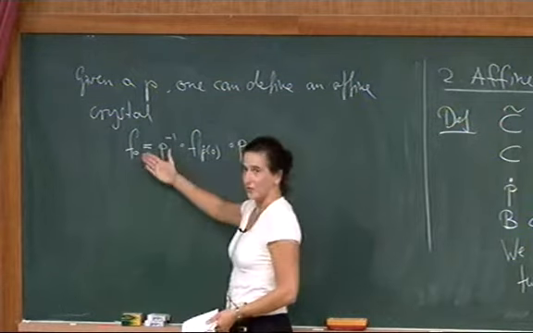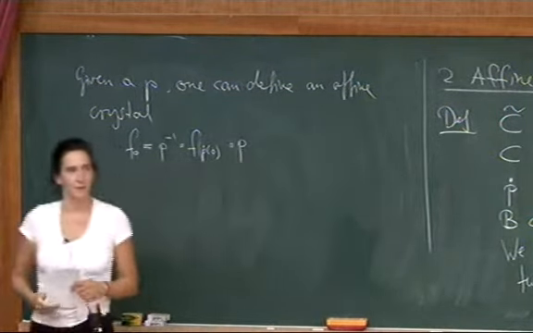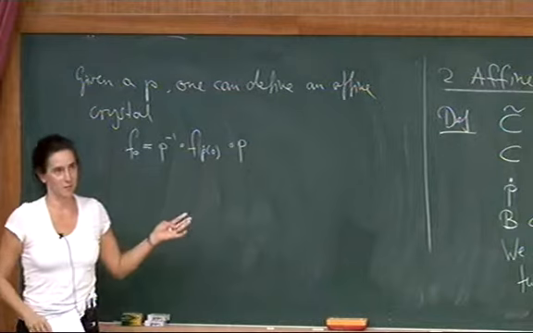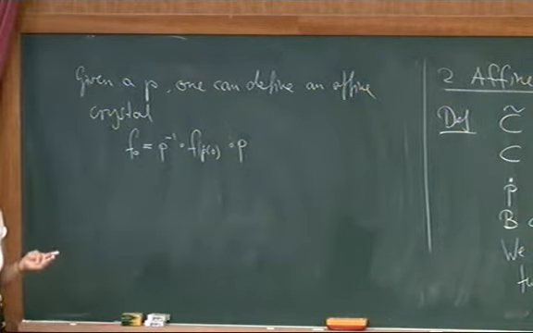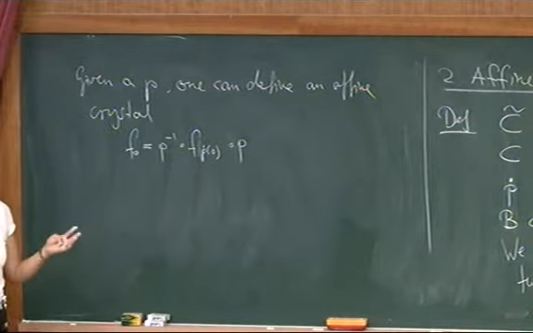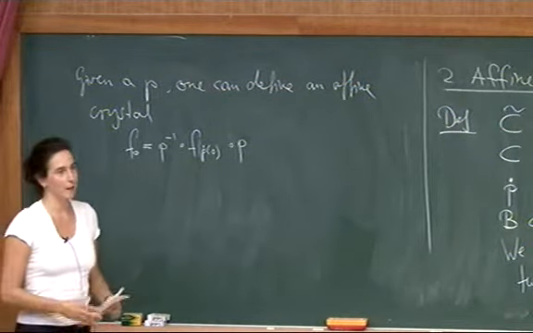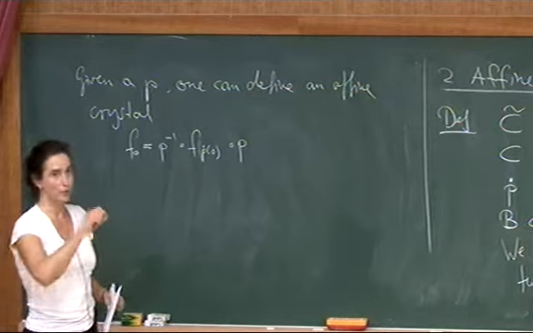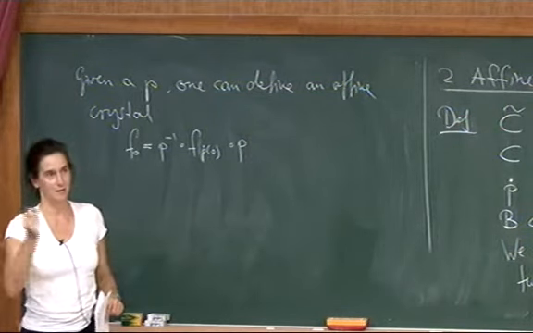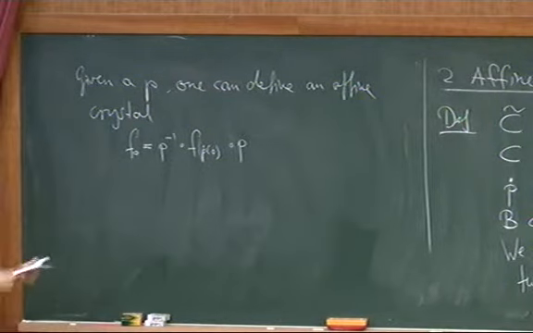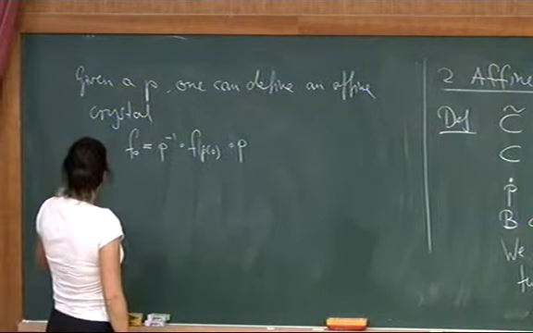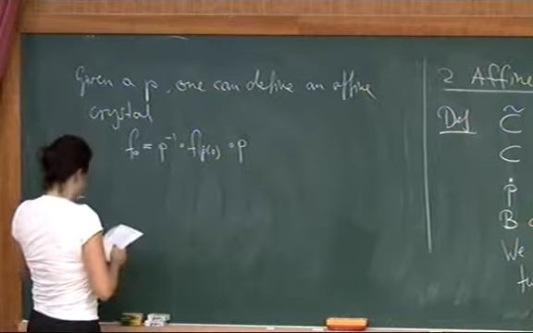So that would define for you an affine crystal, but what you really want from such a crystal, if you think of it as a combinatorial crystal, is for this to be a regular crystal. By regular, I mean if you remove any of the nodes, you should actually get a classical crystal. So let me write this as a definition.